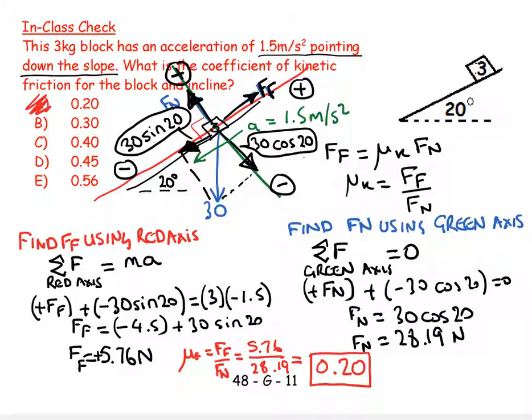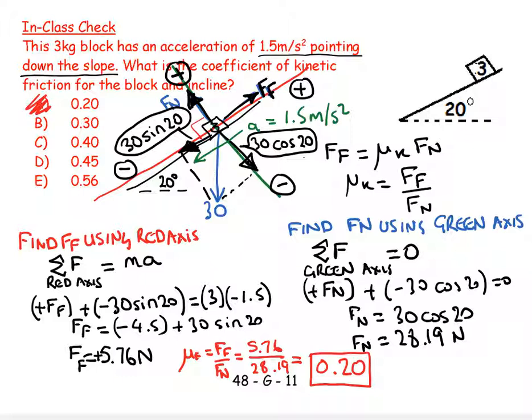So when I wanted to find Ff, I drew an axis perpendicular to Fn, and when I wanted to find Fn, I drew an axis perpendicular to Ff. I've done that before, I did that in statics, but here there's a little additional issue, which is the fact that in one of these axes I had an acceleration.